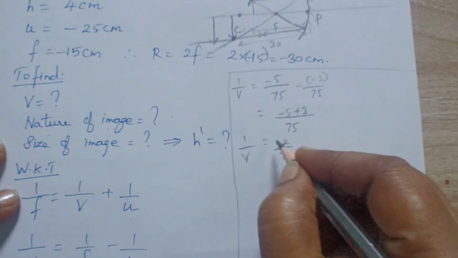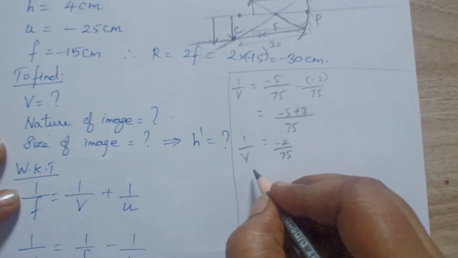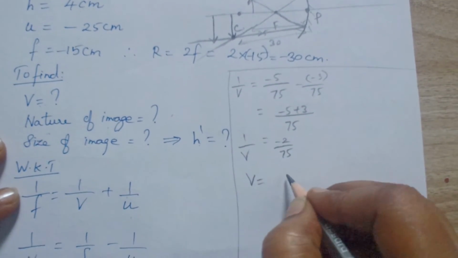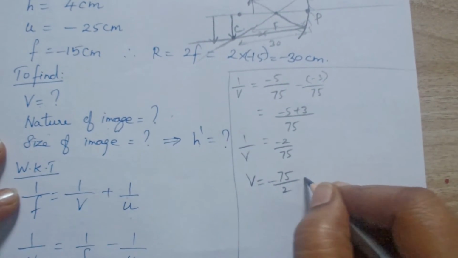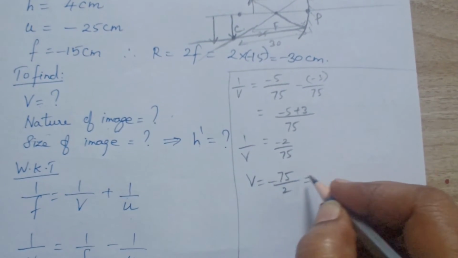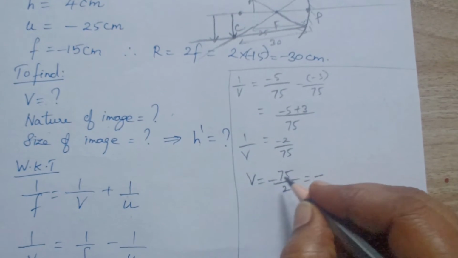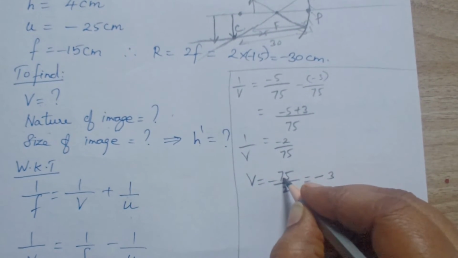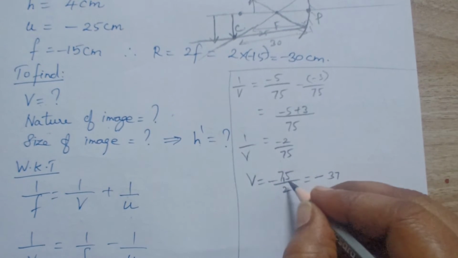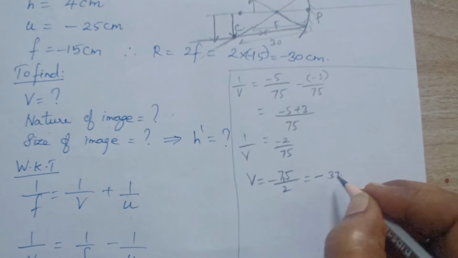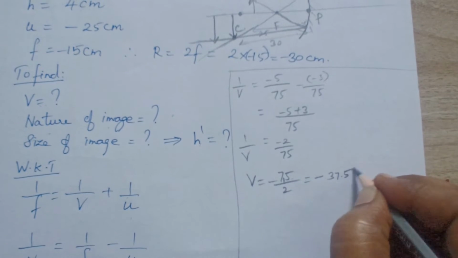So 1 by V equals minus 2 by 75. Therefore V equals minus 75 by 2, that is equal to how many times? Minus 3 times here, balance 1. 15 means 7 times, then balance 1, it becomes 10, 5 times.